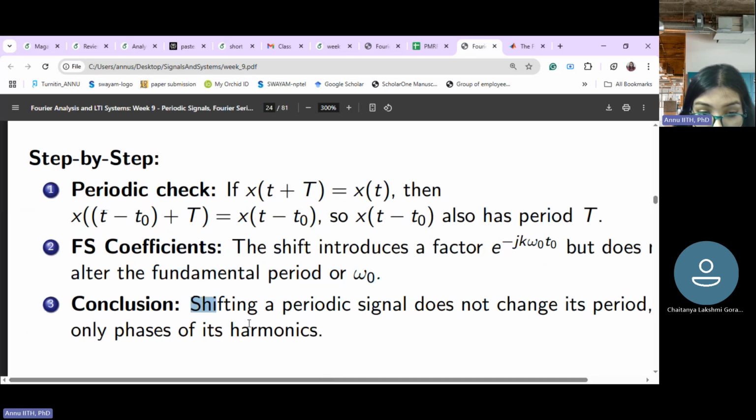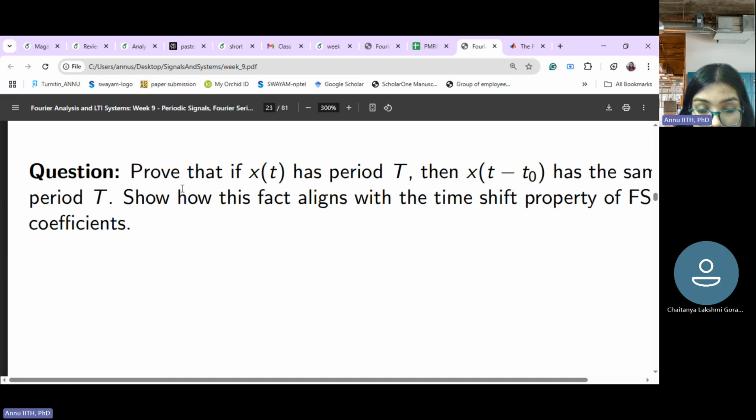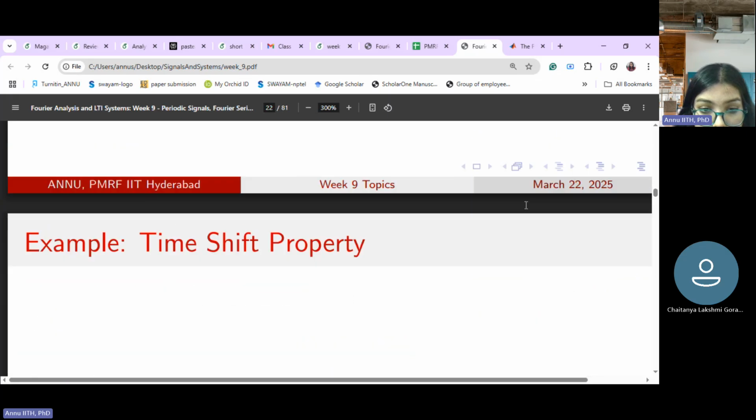This concludes that shifting a periodic signal does not change its period, it only phases its harmonics. That was our concern: show that these facts align with the time shift property of Fourier series coefficients.